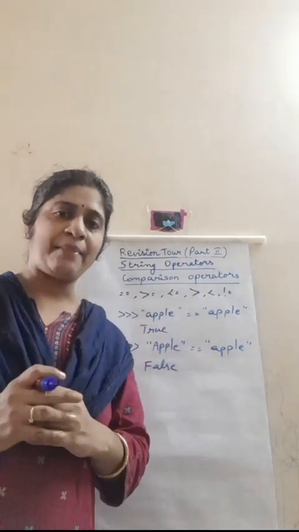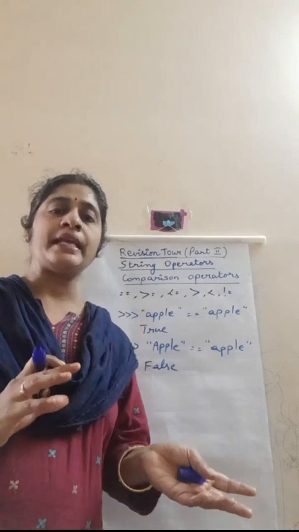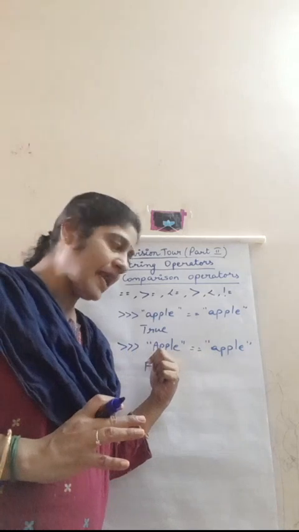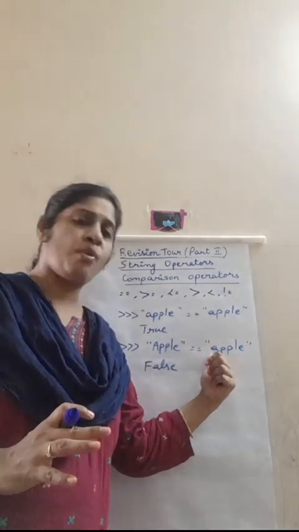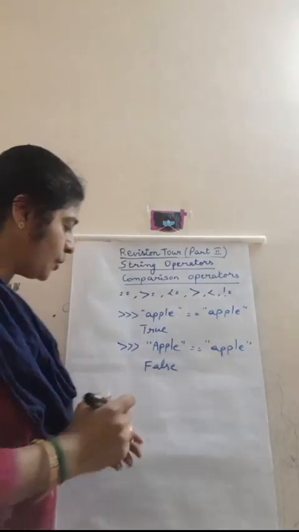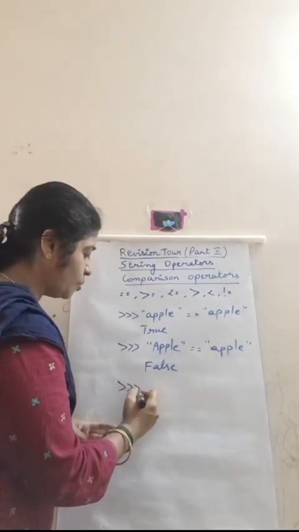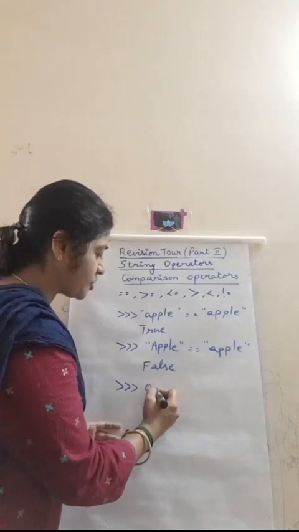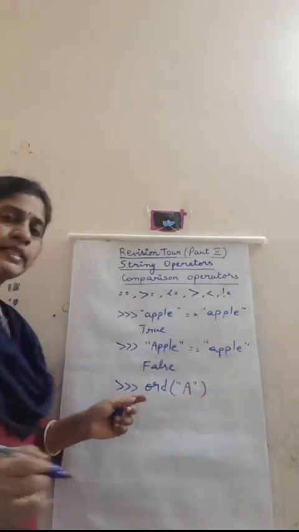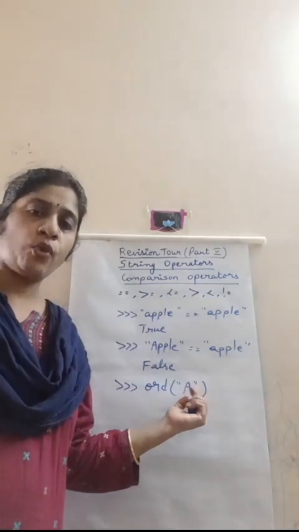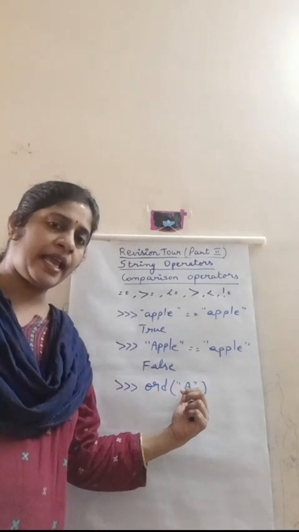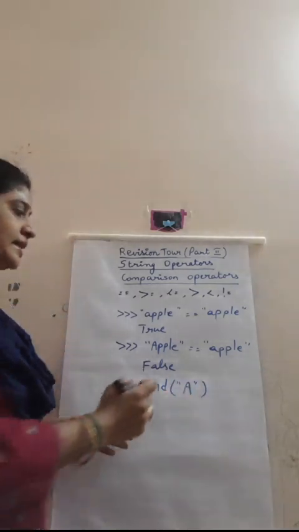Now what is exactly happening is Python is comparing the unicodes of the characters. So the unicode of capital A and the unicode of small a are getting compared. If you want to see the unicode of a character, you can use the ord function in the shell prompt, and enter the character whose unicode you want to see. For example, I can write ord A. What would be the answer in this case? It would be 65.